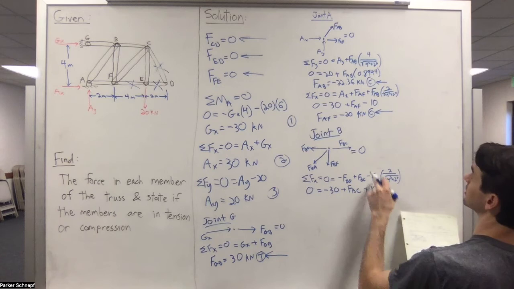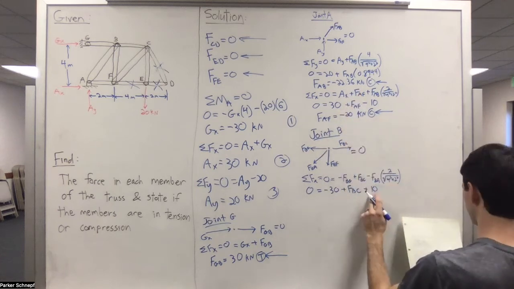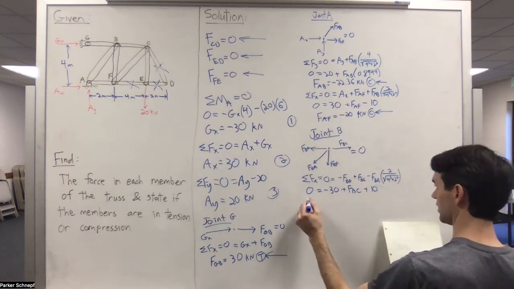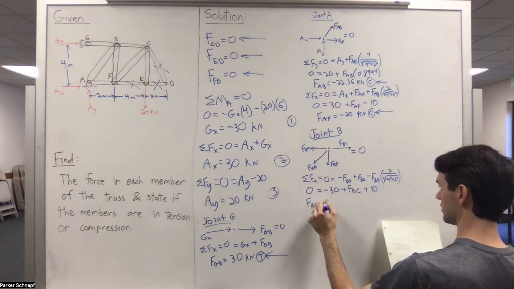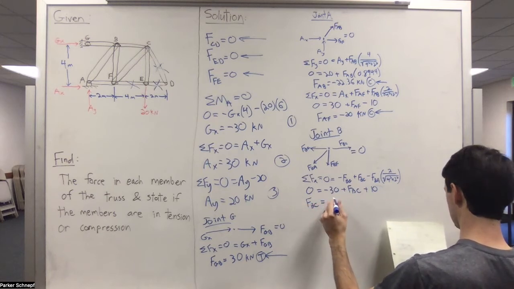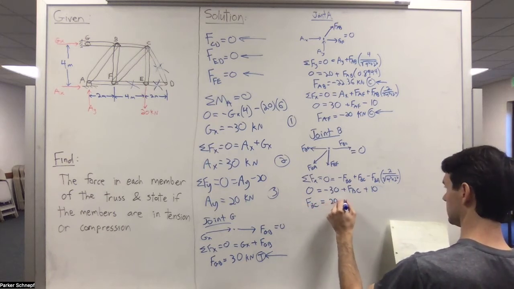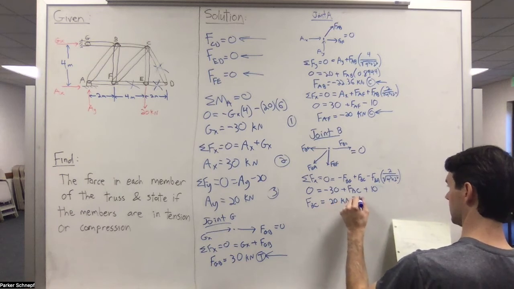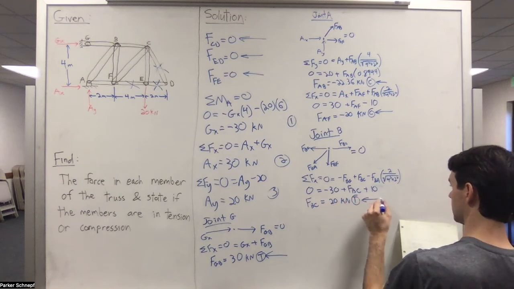When you substitute in the minus 22.36 and do all that math, you get 10. And then I know that FBC, therefore, equals 20, and it's positive, so that's in tension.